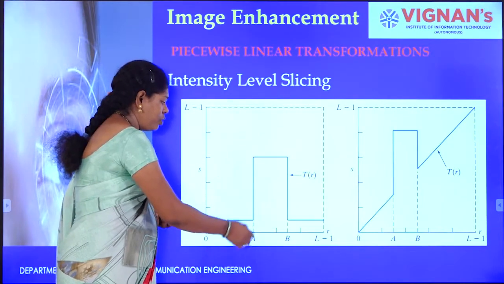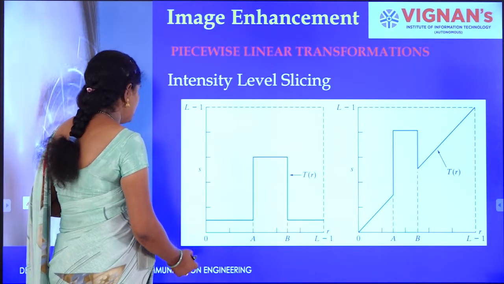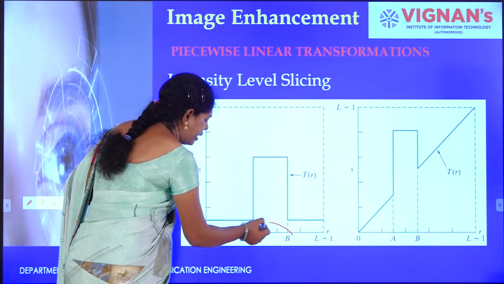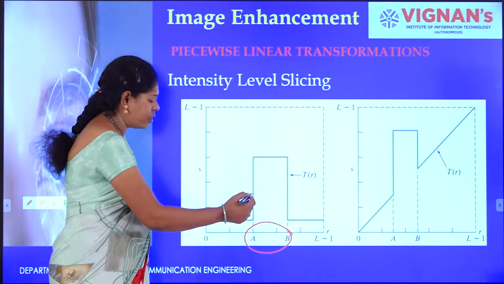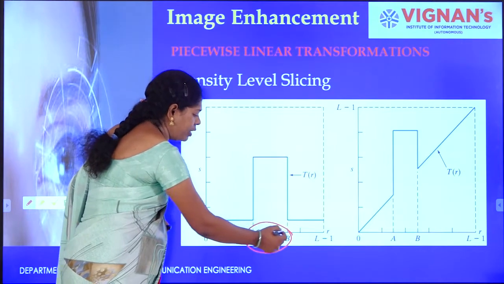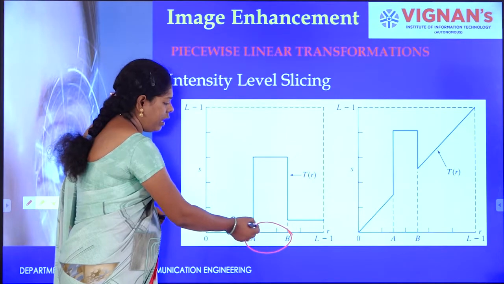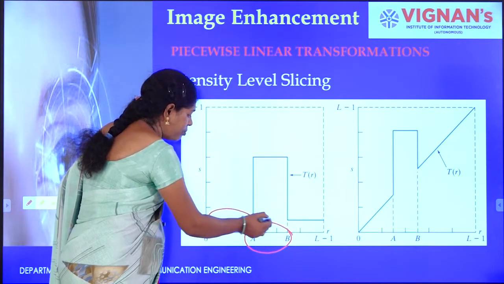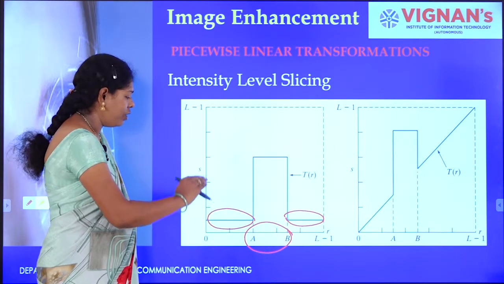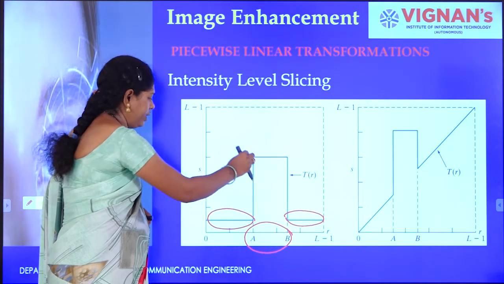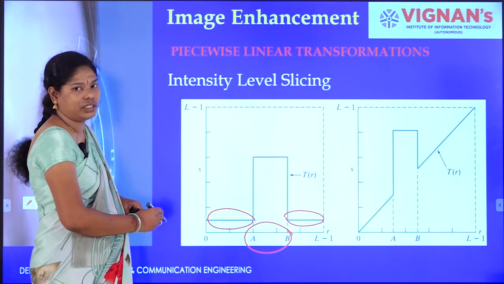In the first approach, we need a desired range of pixels, that is from A to B. We concentrate only on A to B and highlight it, and we are not concentrating on the remaining pixels. We suppress the remaining pixels and only enhance the desired pixels. This is one type of intensity level slicing.